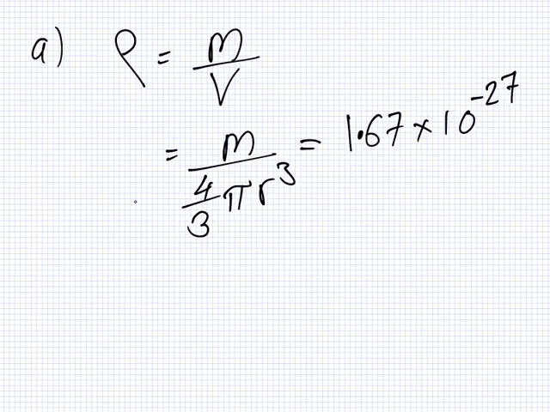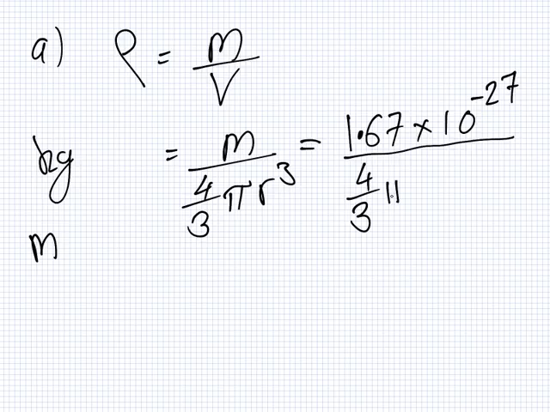Okay, and that's already in kilograms, so that's fine. And radius is also in meters, so that's fine. Divided by 4 over 3 pi. 5.29. Yeah. Times 10 to the power negative 11. Cubed. All right, so I'll just put this in on the calculator. 2,693.